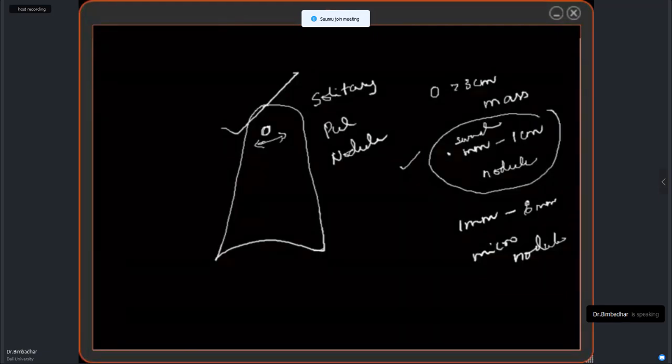Solitary pulmonary nodules are generally because of conditions like tuberculoma, hamartomas, teratomas and other things like that. Solitary pulmonary nodule, generally you call it pulmonary hamartoma.